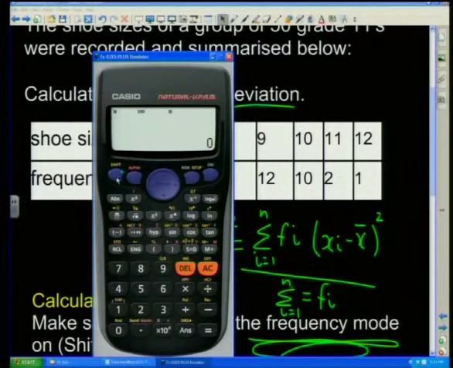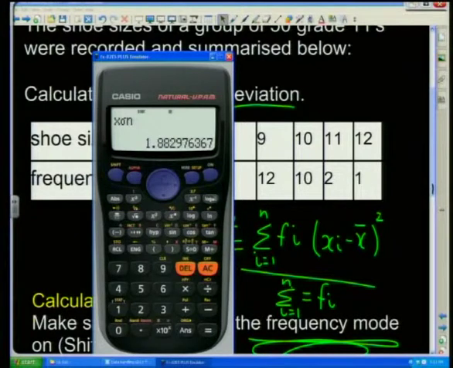We go shift, stat 1, and then we've got the 1, 2, 3, 4, 5 coming up again. We're going to hit button 4, and we're interested in the variance, so we say 3 and equals, and we get the variance as 1,8829.